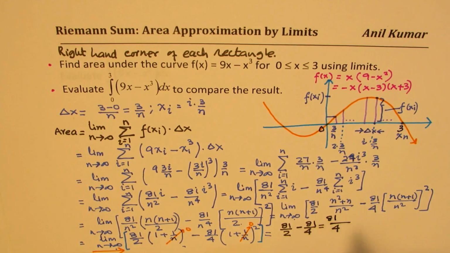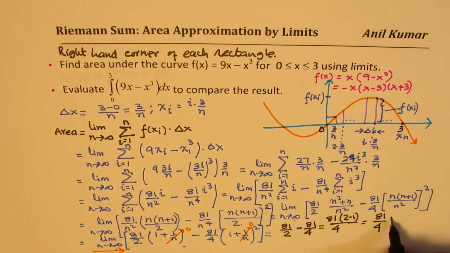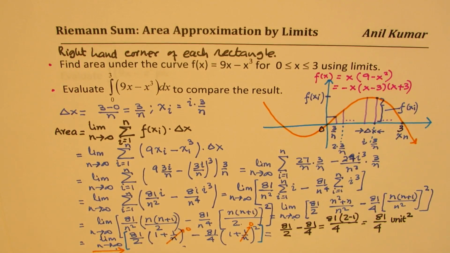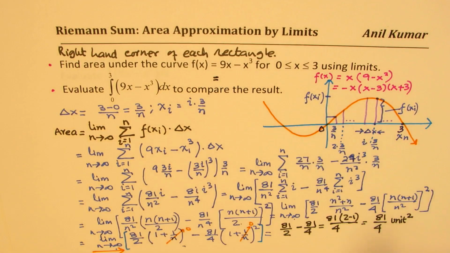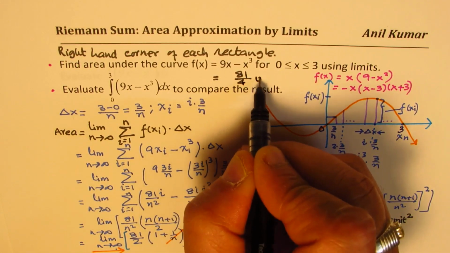We get 81 times 2 minus 1, which is 81 over 4. So 81 over 4 is basically the area under the curve from 0 to 3, right? Unit square. So we find that this area is basically equal to 81 over 4 unit square.